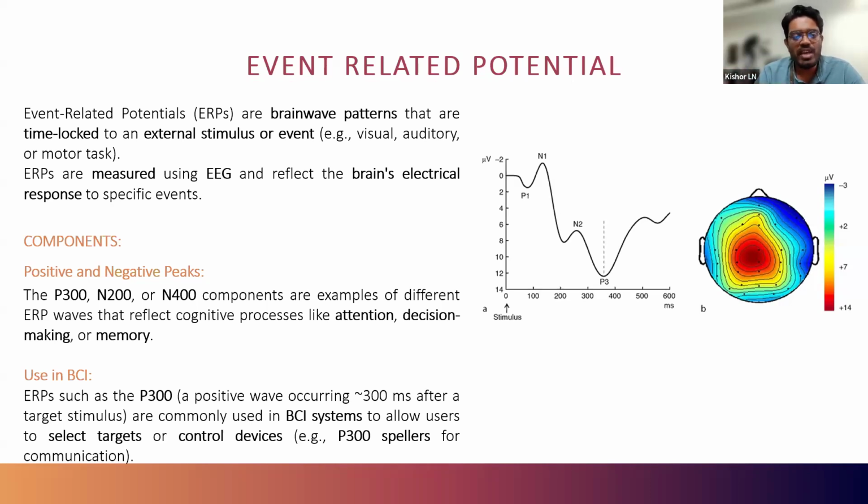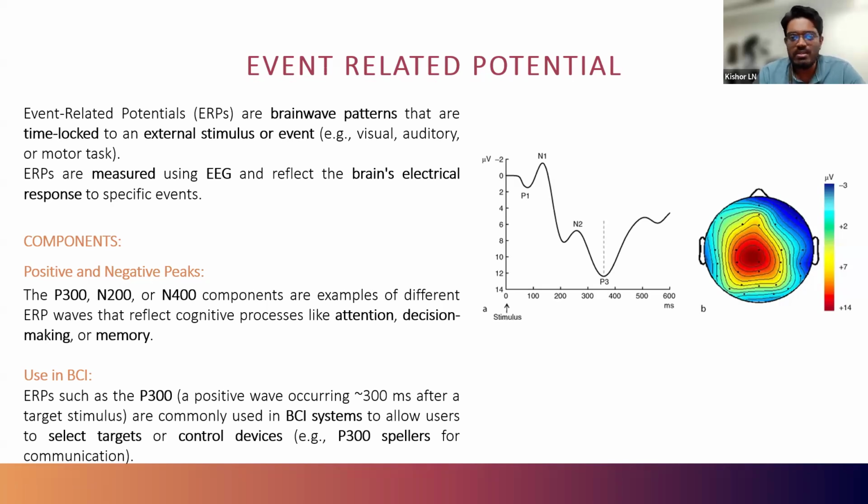Based on how long it takes from the actual event to when the stimuli occurs, they are classified as P300, N200, or N400. The 300, 200, and 400 here just means how many milliseconds after the stimuli these particular peaks happened.